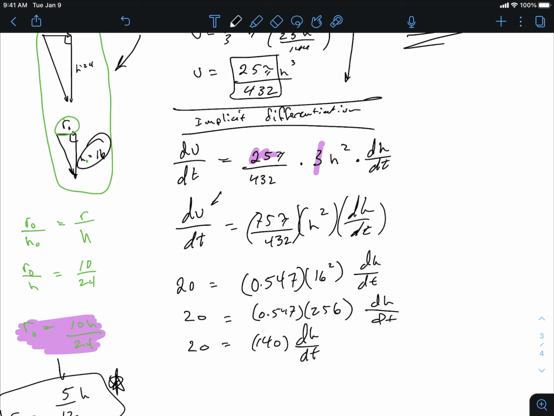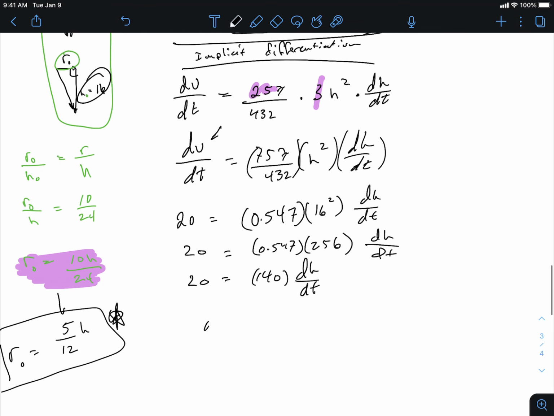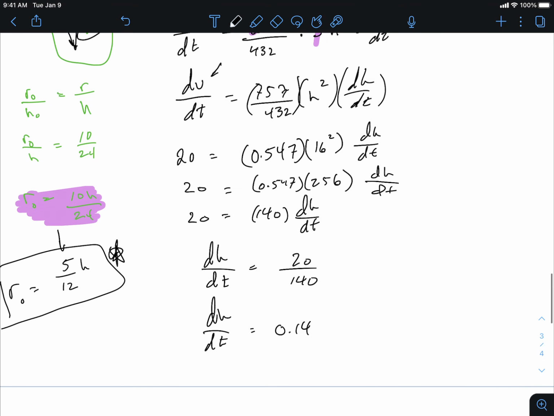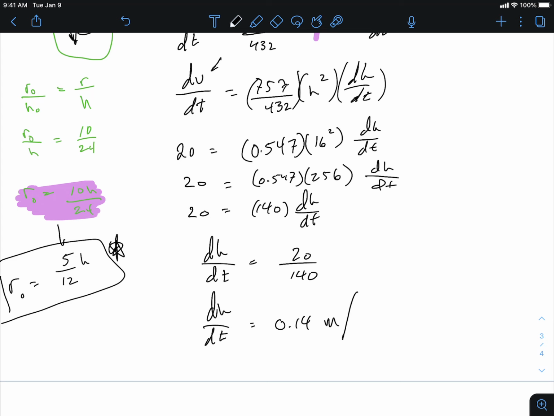I can now divide both sides by 140. So dh by dt is going to equal 20 divided by 140. So dh by dt will equal 0.14, and that is going to be meters per minute.